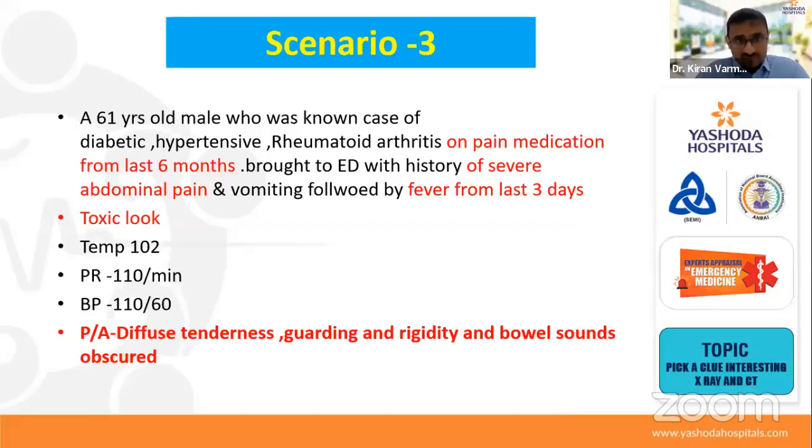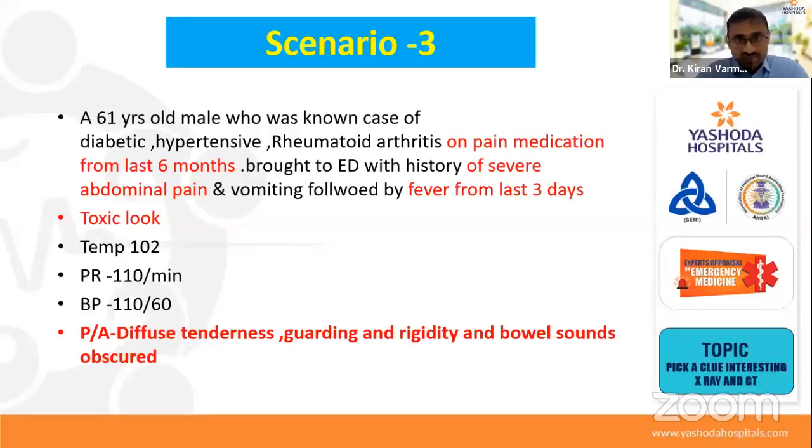On general physical examination, he was showing like toxic look. Then temperature was 102 Fahrenheit, pulse rate 110 per minute, BP 110/60. Per abdominal examination, a diffuse tenderness present, guarding rigidity present, bowel sounds are obscured.